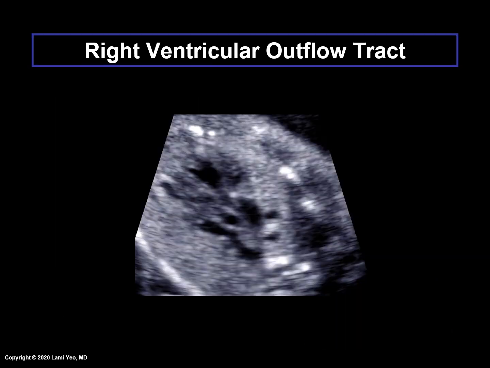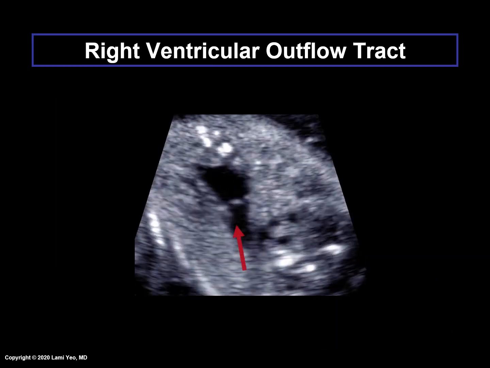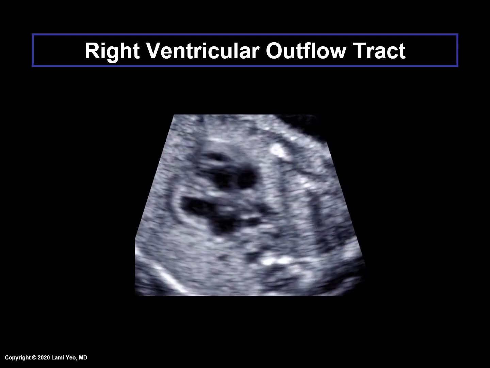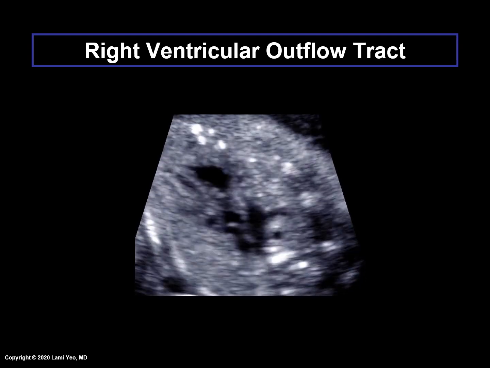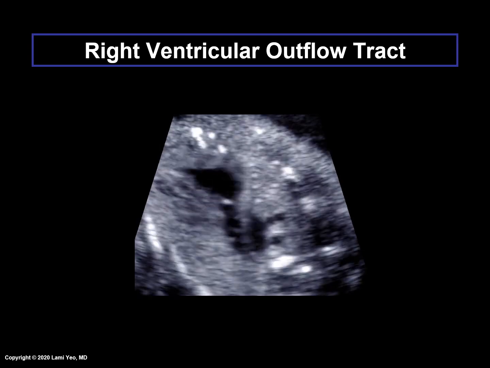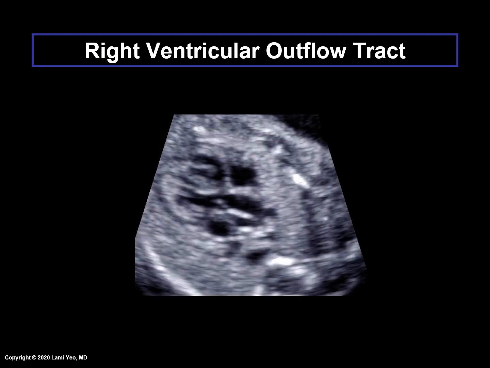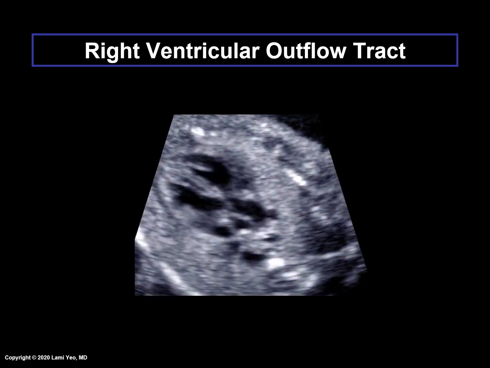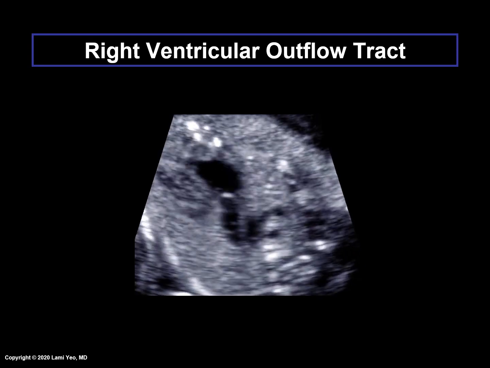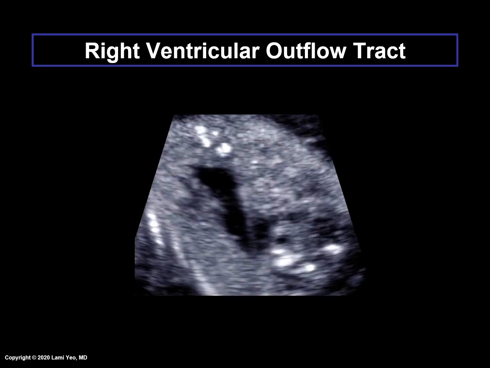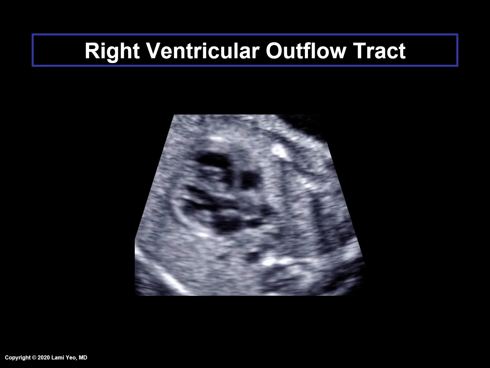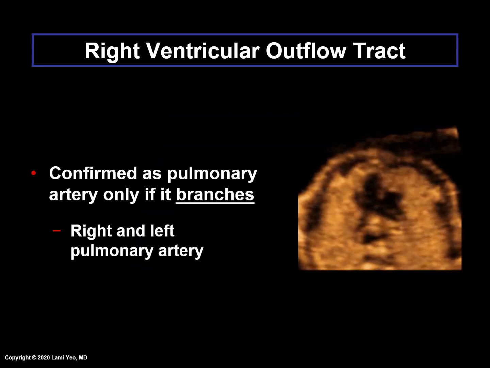Here is another example in which the pulmonary artery is shown to course towards the left of the more posterior ascending aorta and crosses the ascending aorta at almost a right angle as seen in the video clip. The right ventricular outflow tract is confirmed as the pulmonary artery only if it branches.